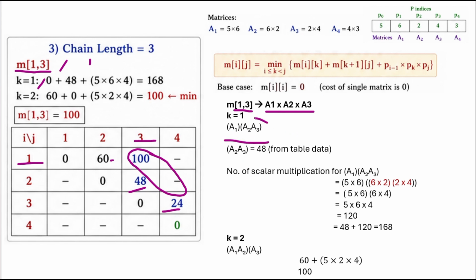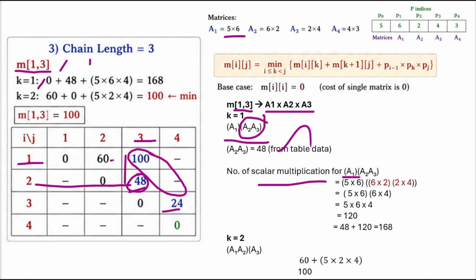Okay, two possibilities there. Perform this first, manually fill the value. So we take this value from the table. What is the value of A2, A3? This is 2, this is 3, right? That is 48 from the table data. Then the number of scalar multiplications of A1 into A2, A3. How to find this? What is the A1 matrix dimension? 5 into 6, already given.